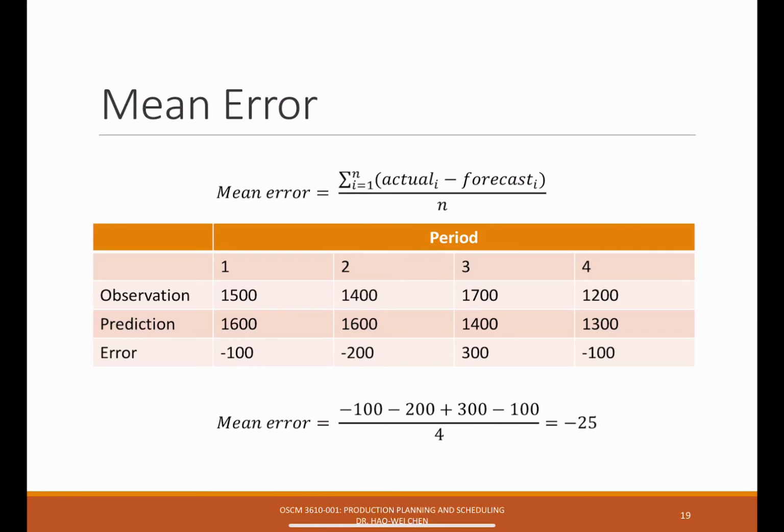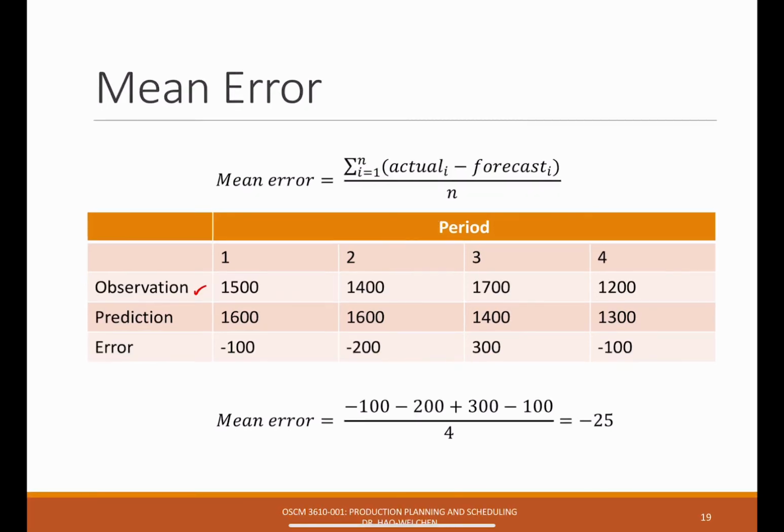So how can we calculate the mean error? The first thing you want to do is to find the difference between the actual data and the forecast result. For example, let's say we do the forecast for period number 1, 2, 3, and 4. And after period number 4, we also get the real observations. The first thing you want to do is to find the difference between these two. 1500 subtract 1600 is negative 100.